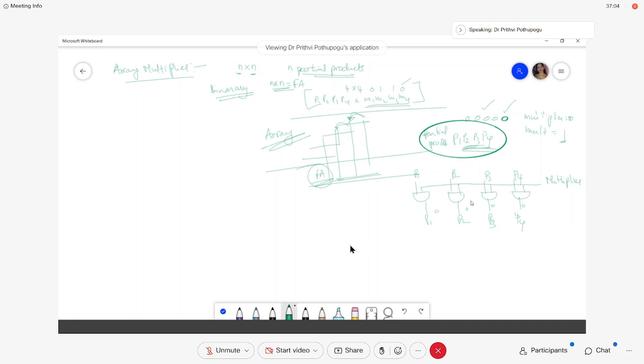If I repeat this setup m number of times, based on how many bits I have in m, then I'll be generating the partial products of the total iteration.